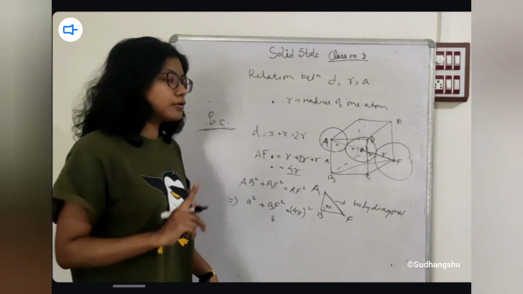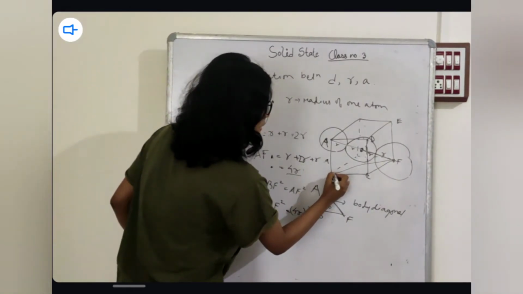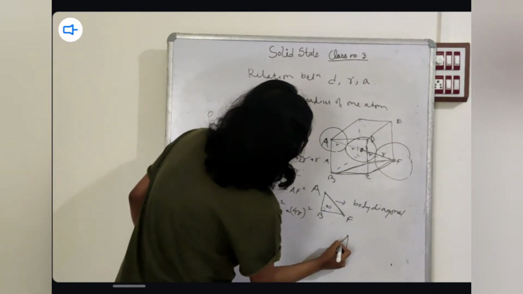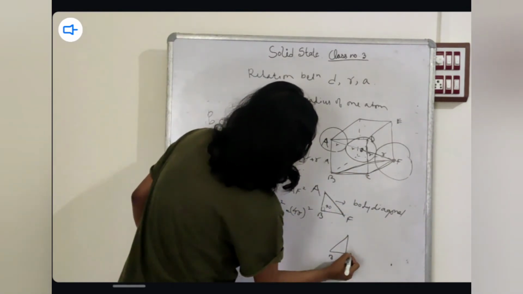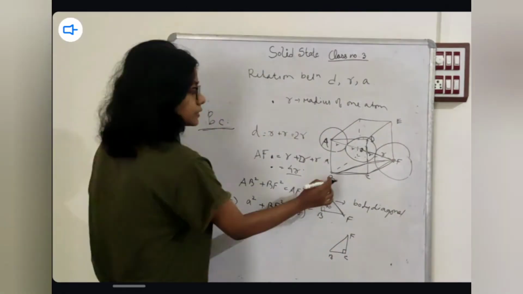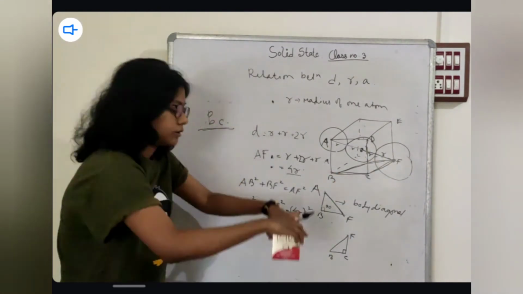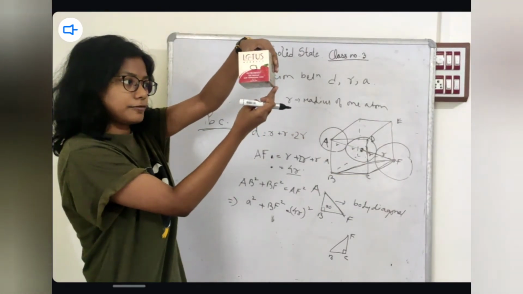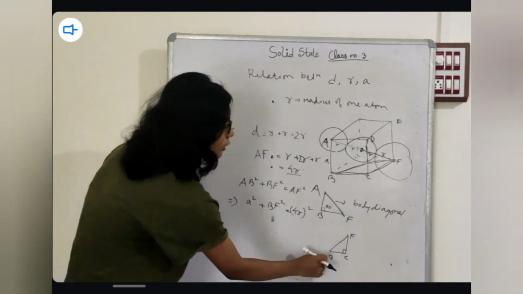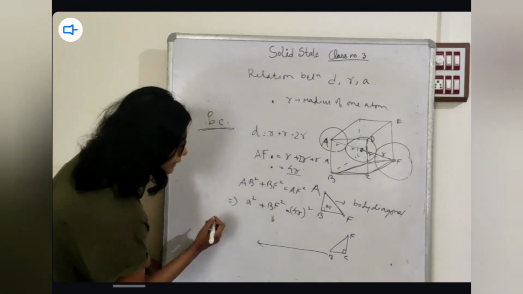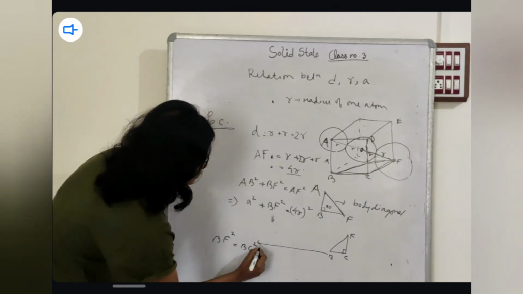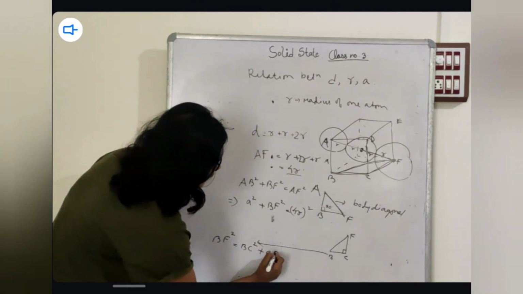Now what is BF? We have another triangle, B, C and F, where C is the right angle. So C is 90 degrees.